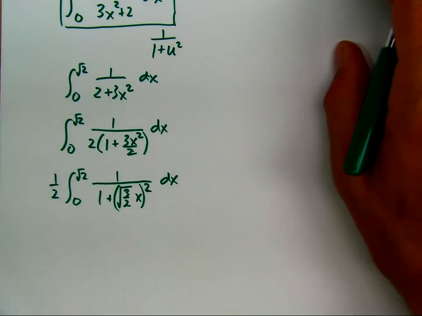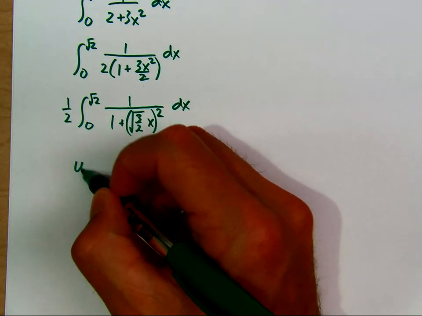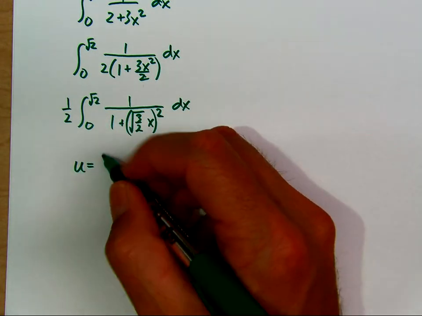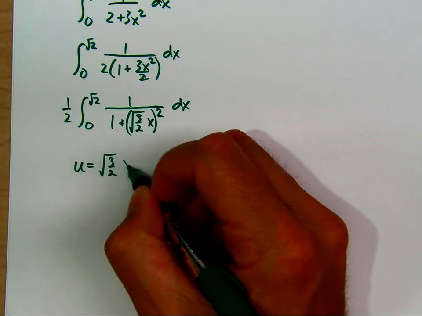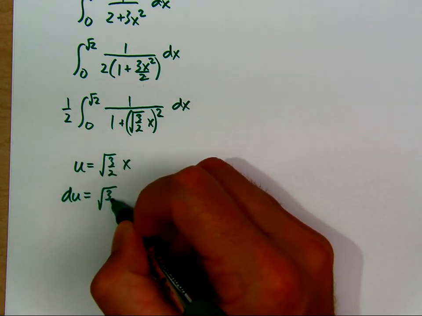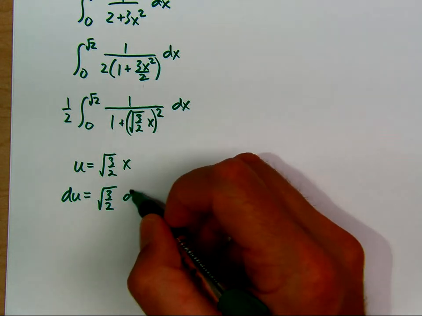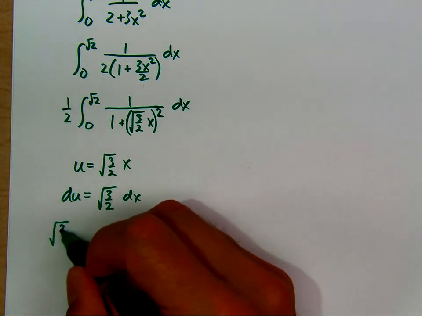Now we can substitute u equals radical 3 over 2 times x. du is radical 3 over 2 dx. Let's multiply by the reciprocal, radical 2 over 3.